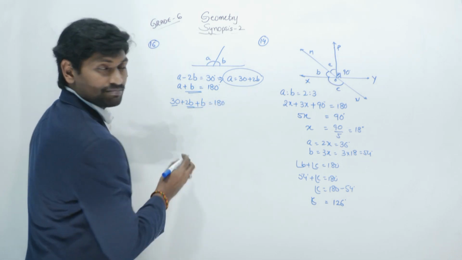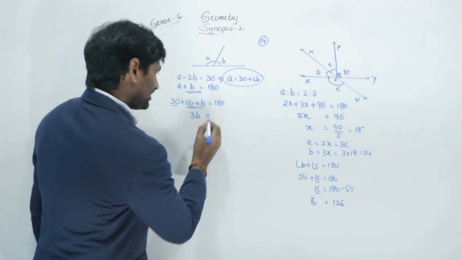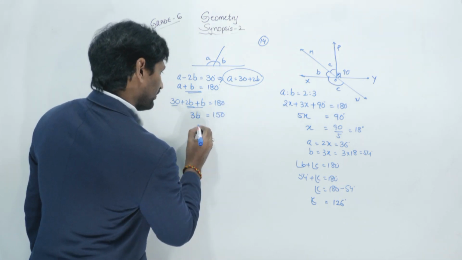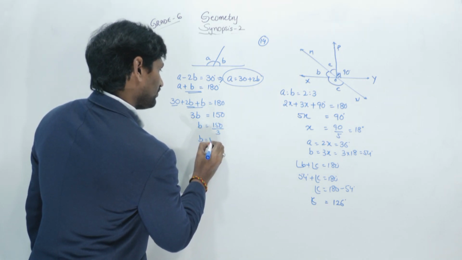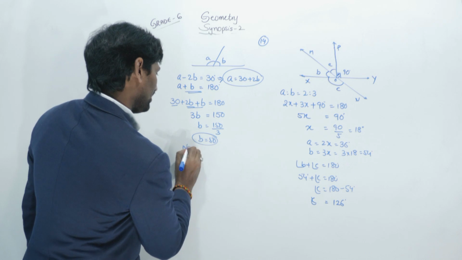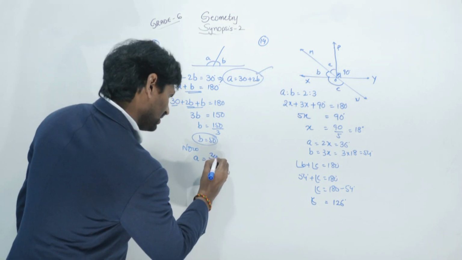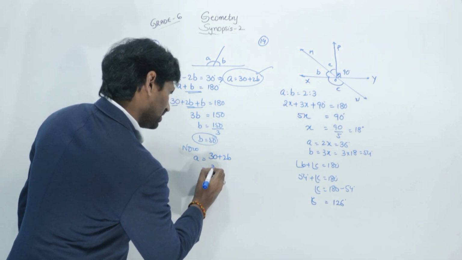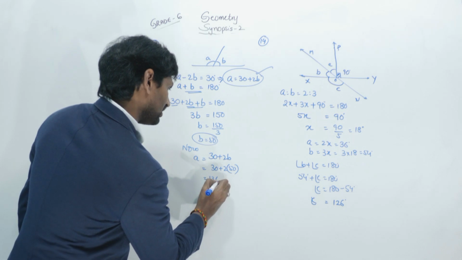So 2B plus B is 3B. Transpose 30 to that side, minus 30. 180 minus 30 is 150. B value is 150 by 3, so B is 50. Now the A value: we know already A is 30 plus 2B. So 30 plus 2 into 50, 2 fifties are 100, so 130.